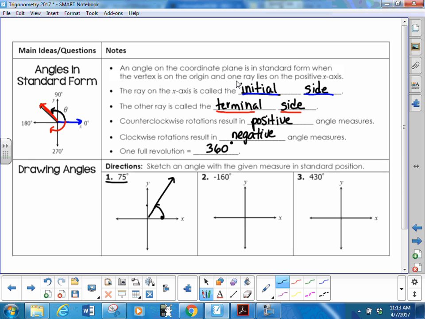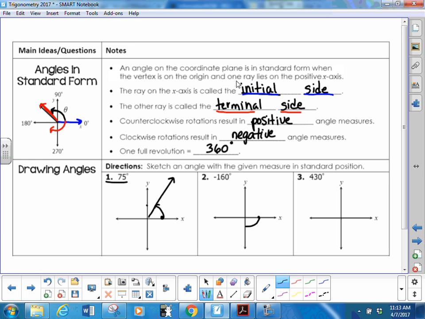Okay? Now look at the next one. It's negative 160. So still starting on the positive x-axis. Okay, so I'm just going to put a little mark right here. Start right here. Since it's negative, I'm going to go clockwise, the way a clock moves. So I got to kind of think about this. Okay, so here I'm moving. I've moved 90.